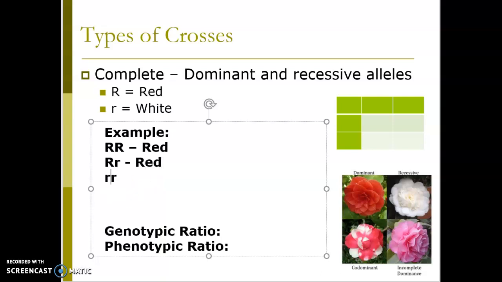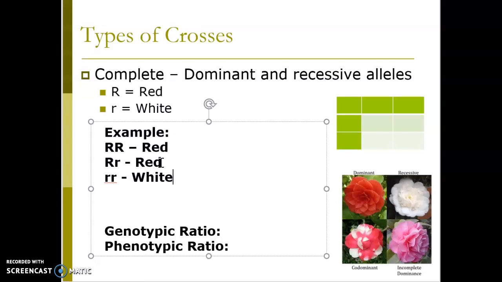And finally, if you had two recessive alleles, then that is going to make your flower white, okay? So this is what we worked on last time, where the heterozygous individual, and this is the one that really makes a difference, looks like it has the dominant trait.